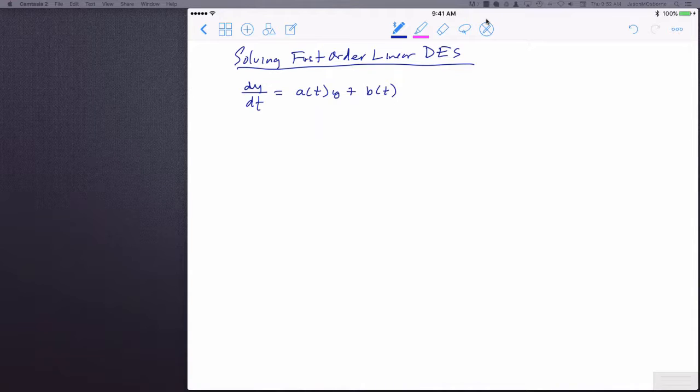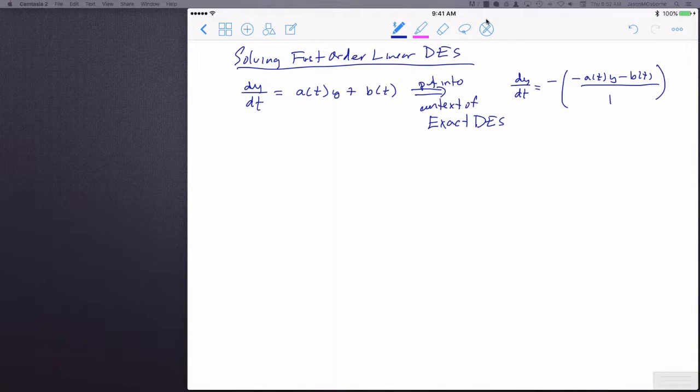Okay. And if we're trying to put this in the context of exact differential equations, which we have already covered, we could view dy/dt as equal to negative a(t)y minus b(t), divided by 1.